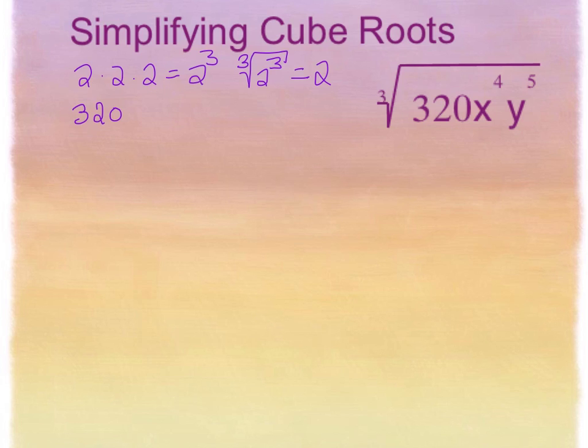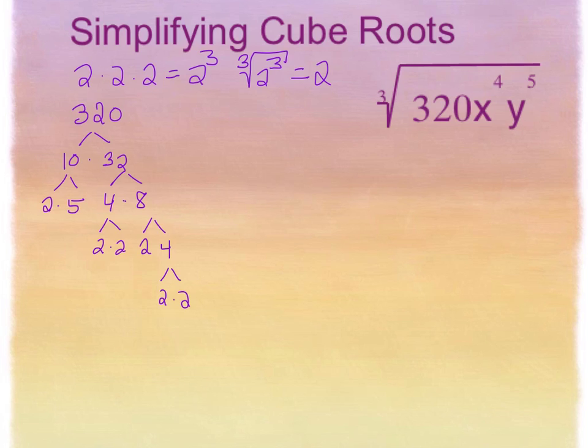You just want to start to break this number down. So I'm going to say it's 10 times 32. And I'm going to go all the way down to the prime numbers. You don't have to do that. You can just look for your cubes. But just for demonstration purposes, I want to break it all the way down.